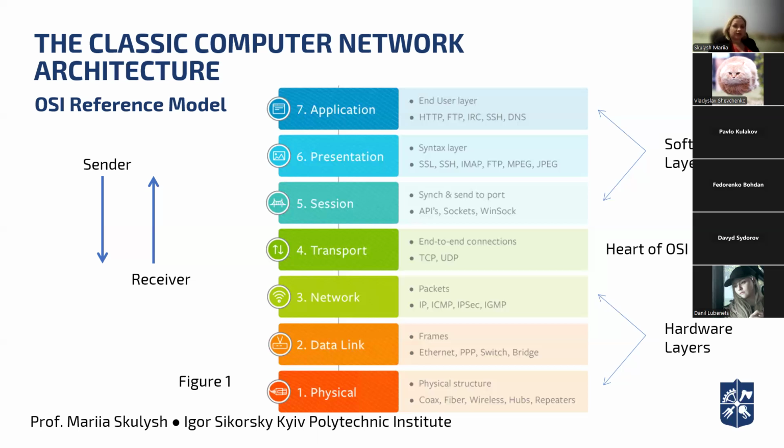So what does it mean? This division was done lots of years ago, but the main idea was that, beginning from the third level, all of these protocols are connected with software.